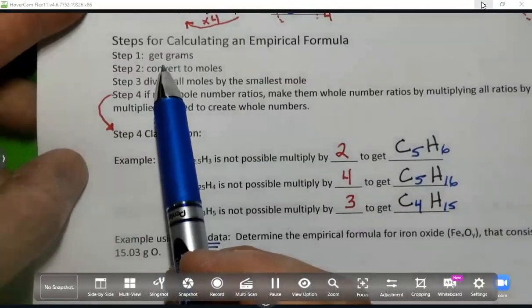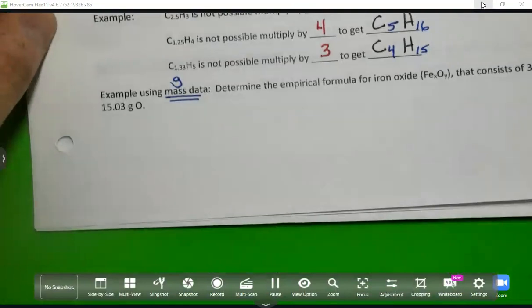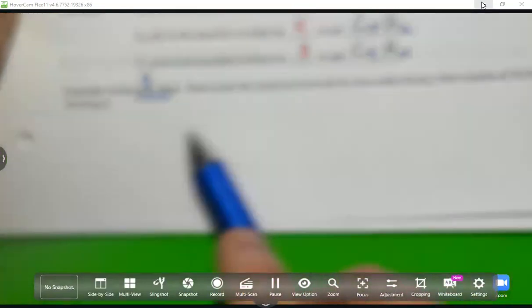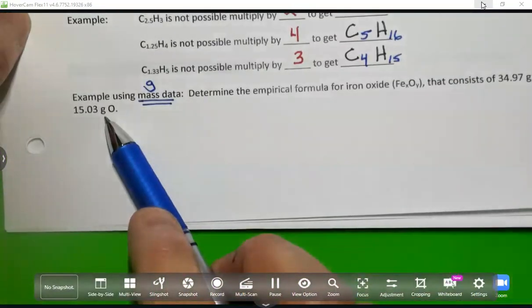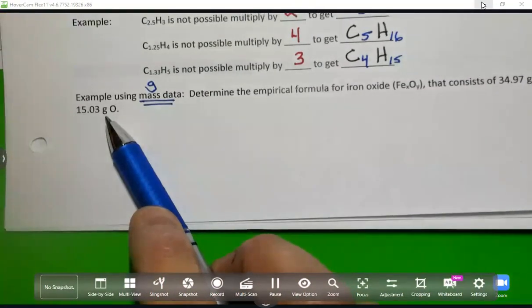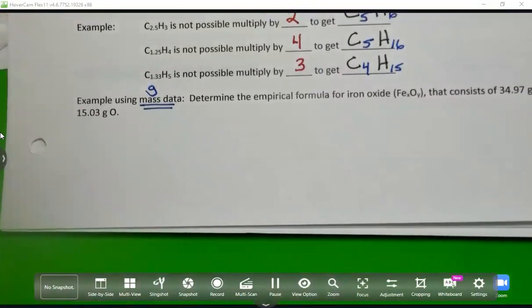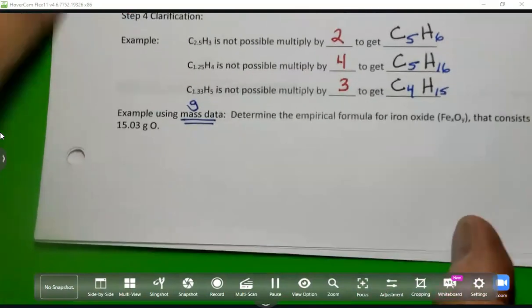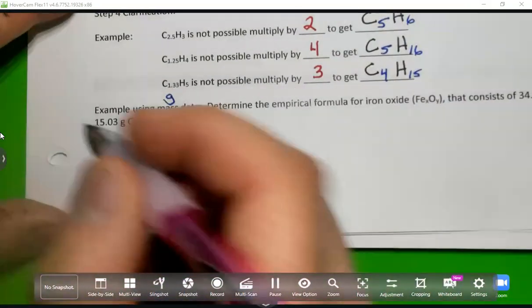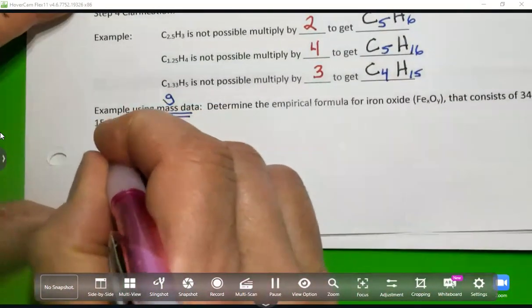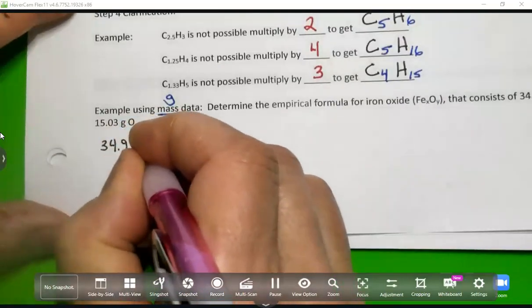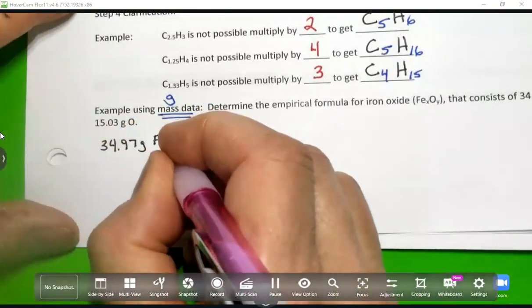Step 1, get grams. We already have grams. Step 2, convert to moles. So we just take both of these grams. 34.97 grams of iron.